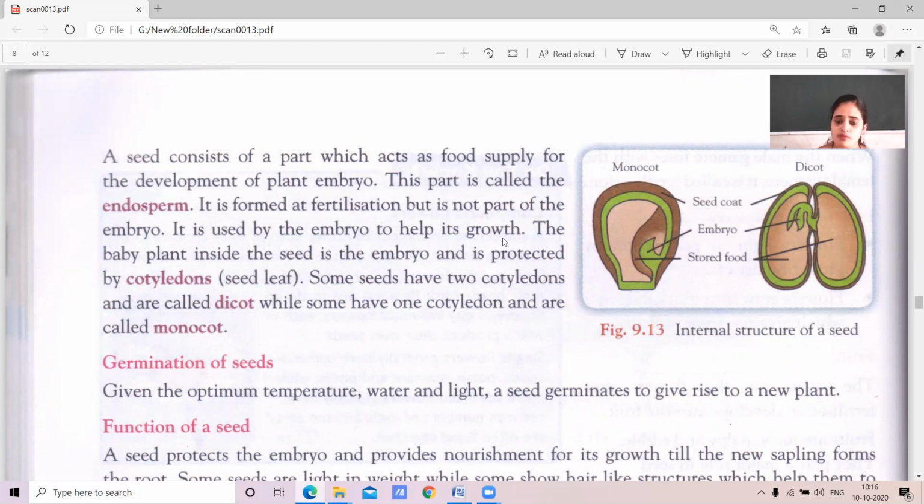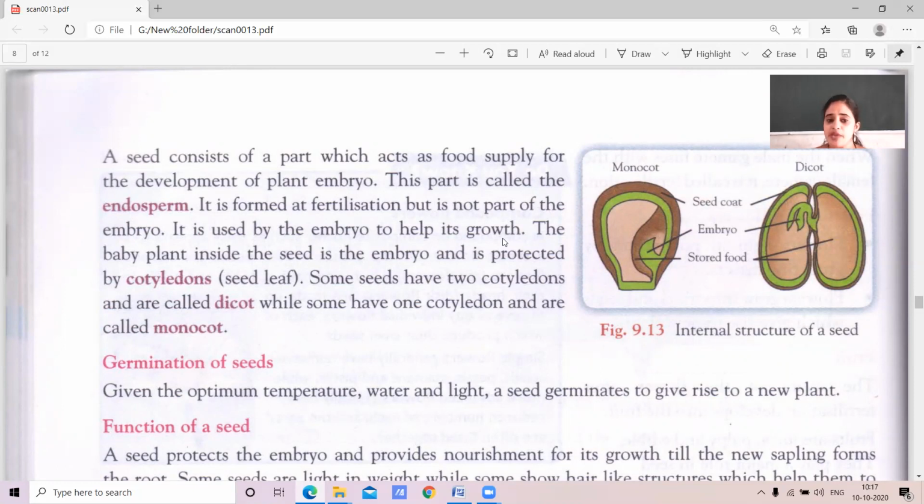It is formed at fertilization but is not a part of an embryo. So it is used to help its growth. The baby plant inside the seed is the embryo and protected by the cotyledons.